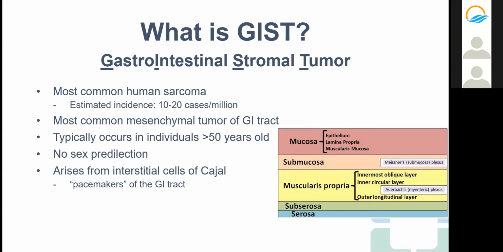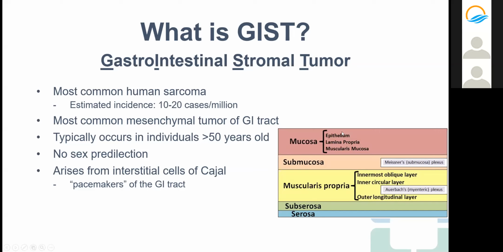GISTs are thought to arise from precursor cells to the interstitial cells of Cajal, which are pacemaker cells of the gastrointestinal tract. They occur throughout the whole tube that begins from our mouth and esophagus down through our anus. These cells are spindle-shaped mesenchymal cells that are thought to lie within the bundles of smooth muscle that make up the muscularis propria.